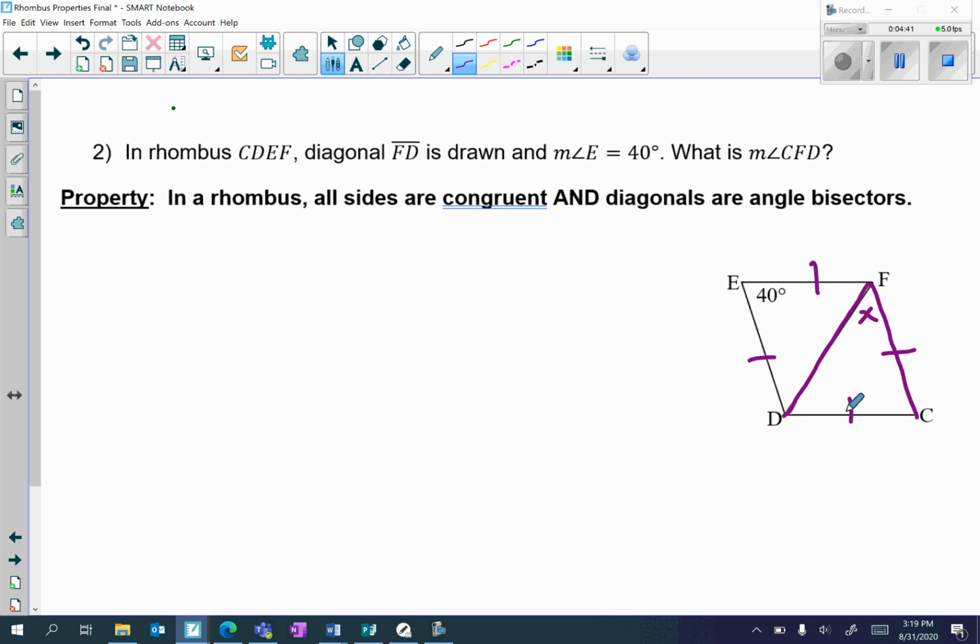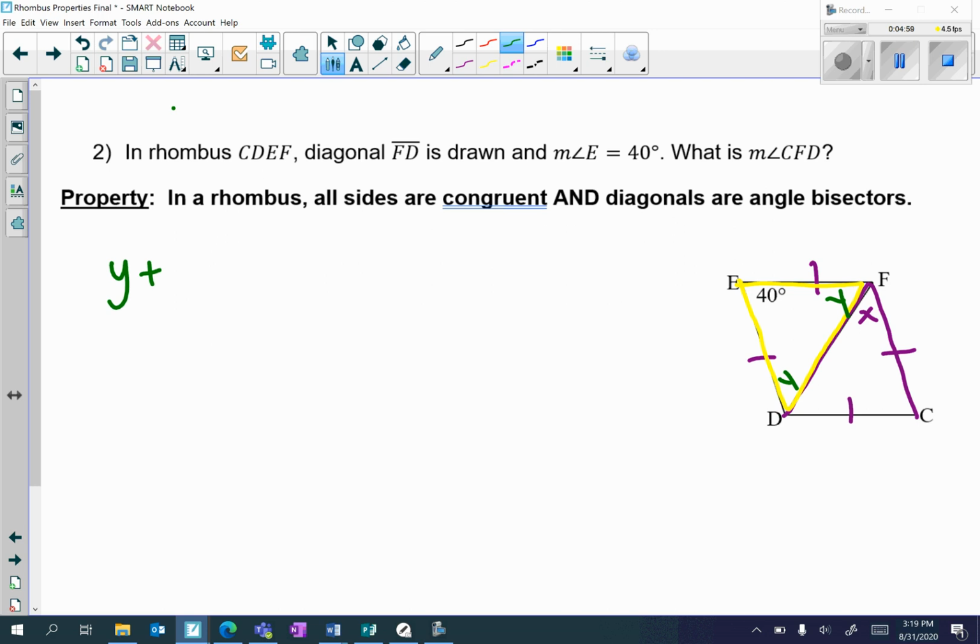So if you notice here, I have a triangle, specifically an isosceles triangle, meaning if I make this y and this y, those base angles are congruent. And remember, angles in a triangle add up to 180 degrees.